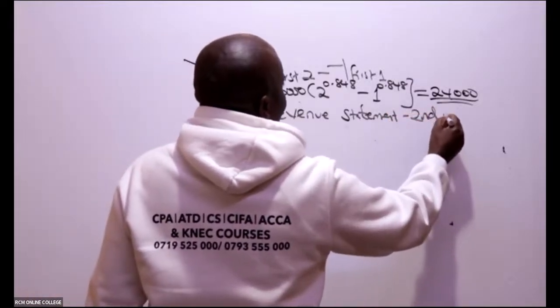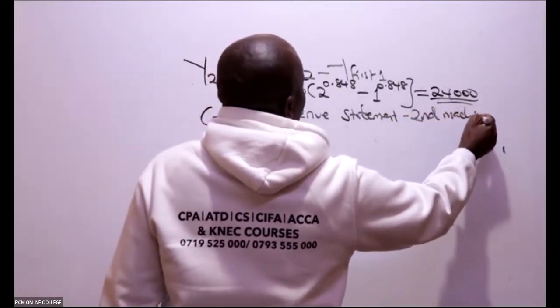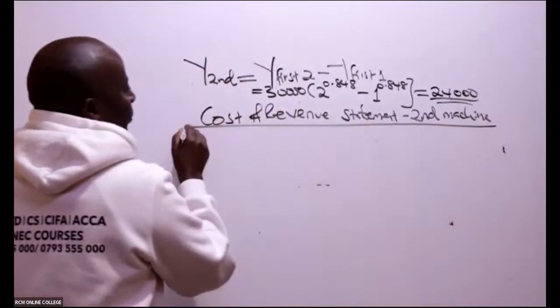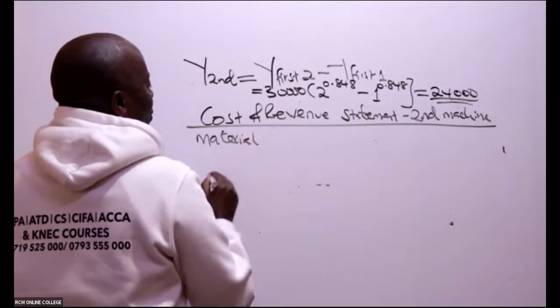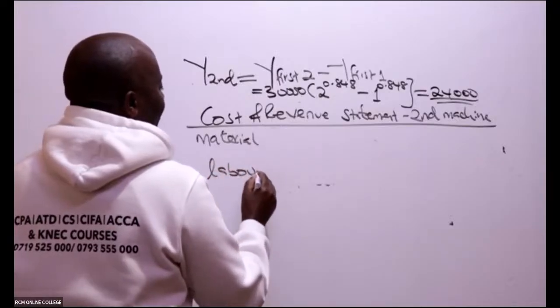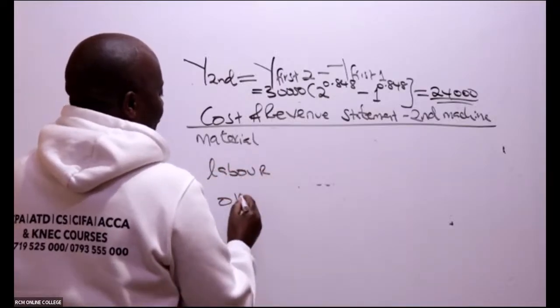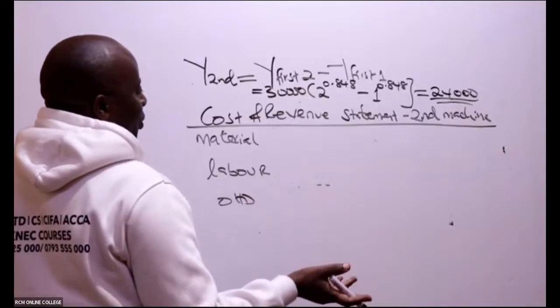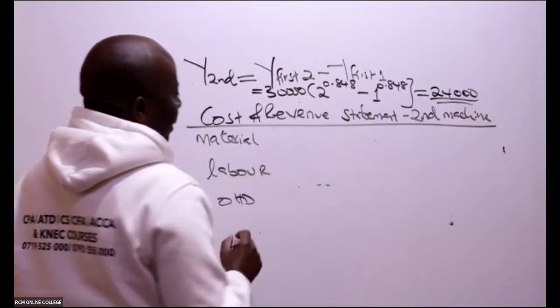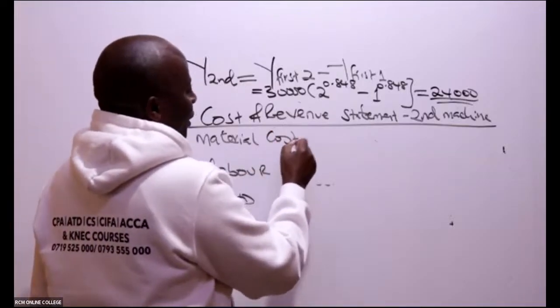Second machine. So costs, of course, we have material, we have labor, we have overheads, we have total profit, revenue. So what is the material cost for the second machine?